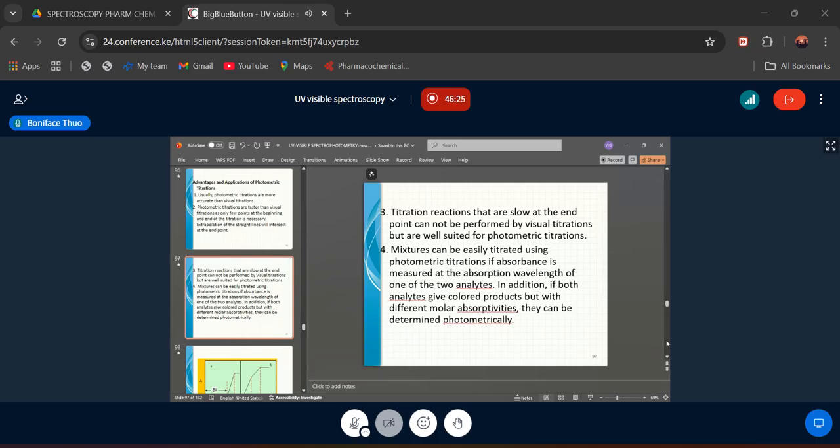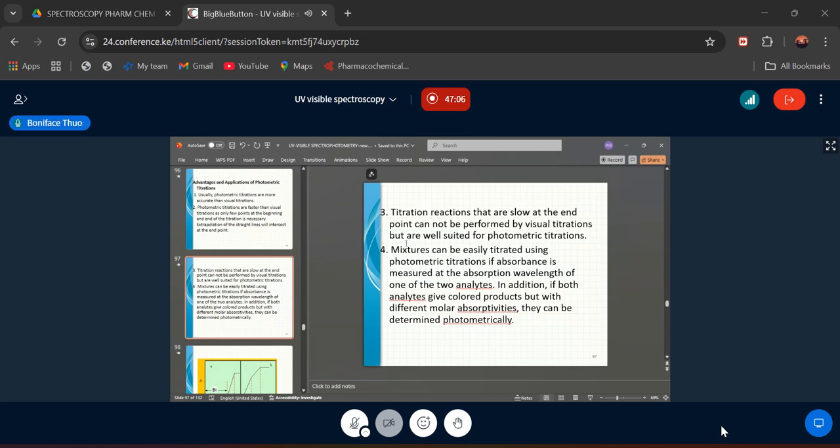So, for example, if you are trying to determine the amount of a weak acid or a weak base, near the endpoint, you'll have the buffering affecting the transition that is happening. So it will be more difficult to determine the endpoint under those circumstances. But photometric titrations deal with that problem because you can put in the excess and you are still able to get the two lines that will give you the endpoint.